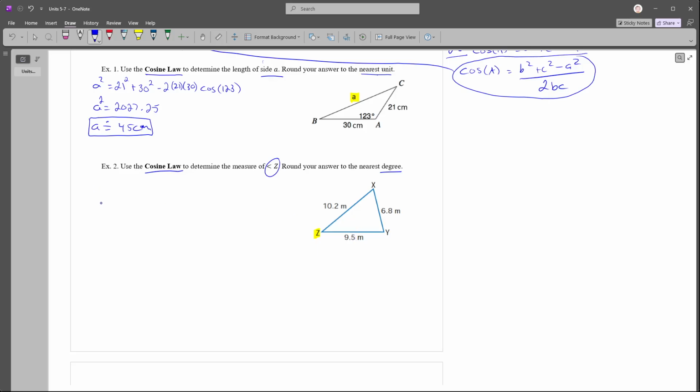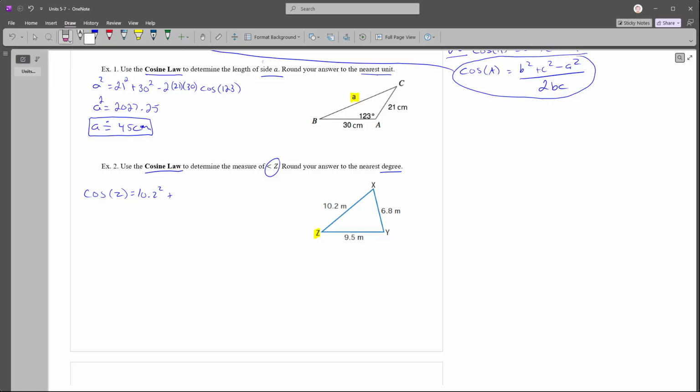So remember, we're looking for the angle. So the cos of the angle we're looking for, in this case Z, is going to be equal to the square of one of the other two sides, so let's say 10.2 squared, plus the square of the other side, 6.8 squared, minus, oops, I did the wrong one for 6.8. That is incorrect.